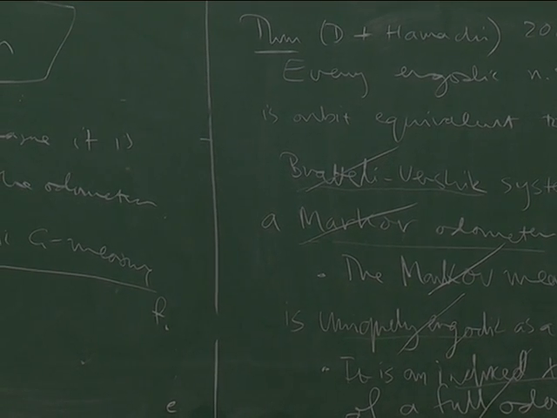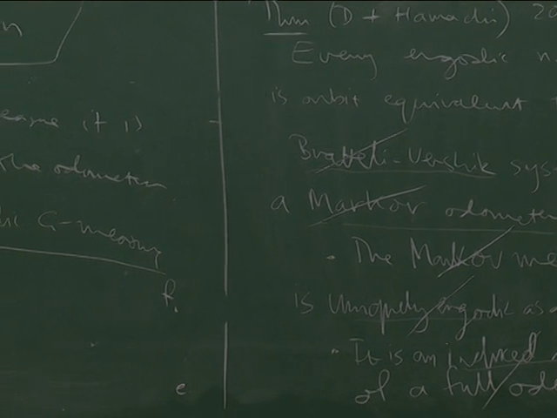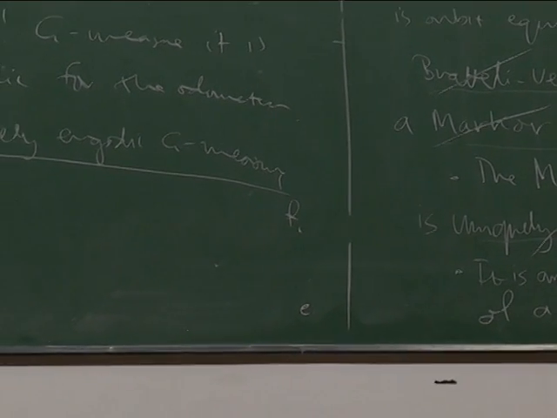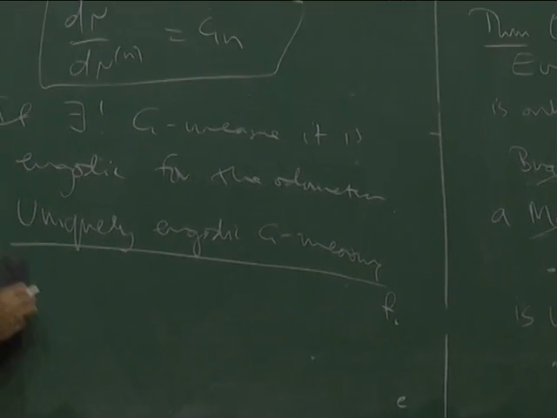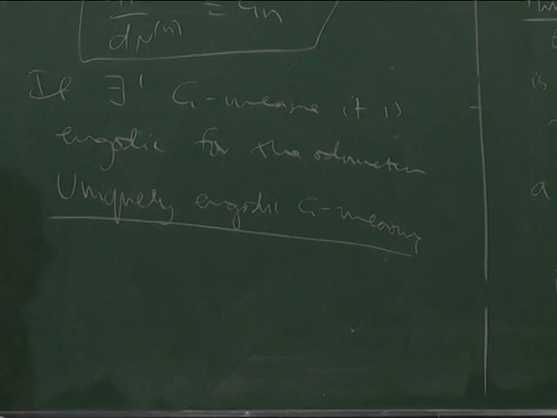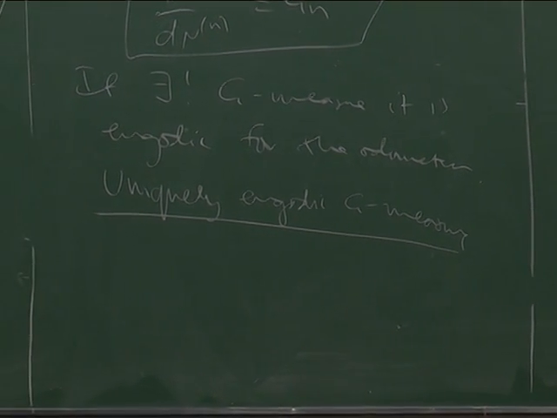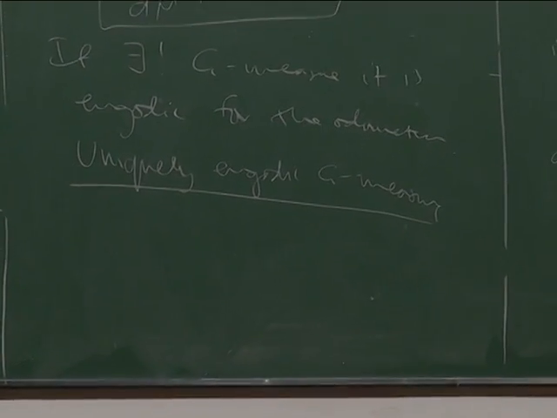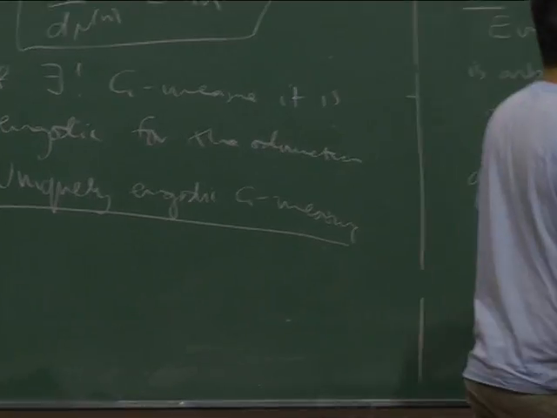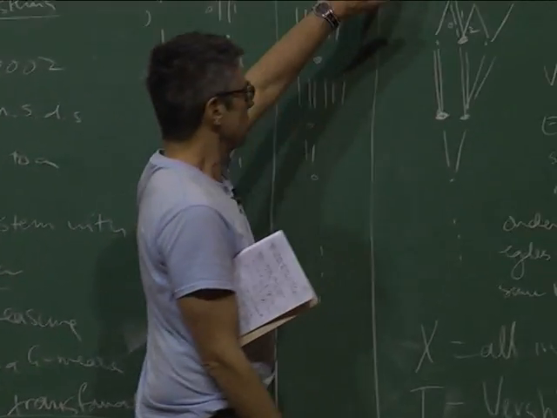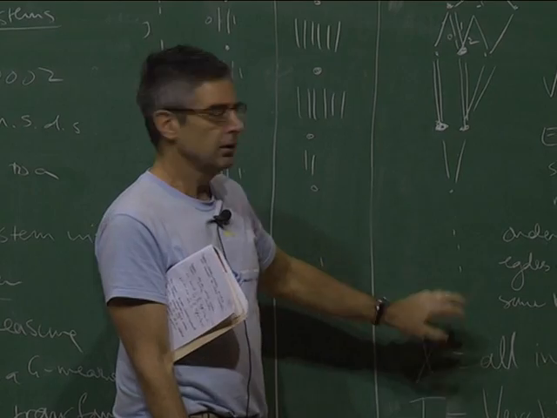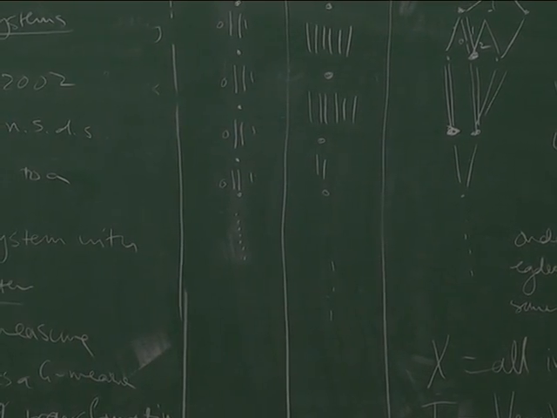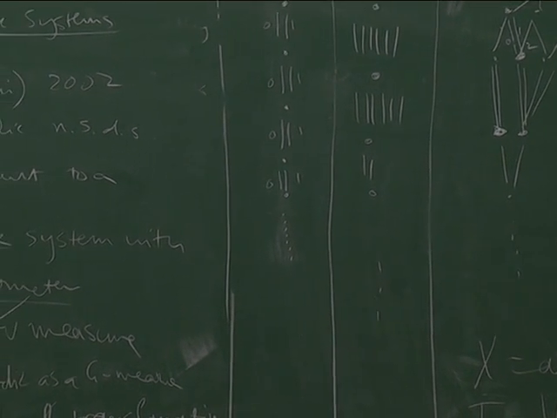If there is a unique G measure, it's not orbit... So I think we were quite happy when we proved this theorem because it was a generalization of Dye's theorem where you actually have a very clear working model for what the orbit equivalence class looks like. That's a Bratteli-Vershik system with one of these Markov measures on it. You can start calculating with what happens to the coordinate transformations. You know it's uniquely ergodic.